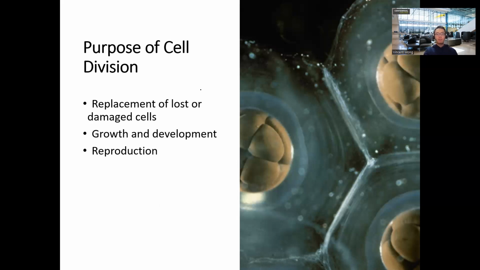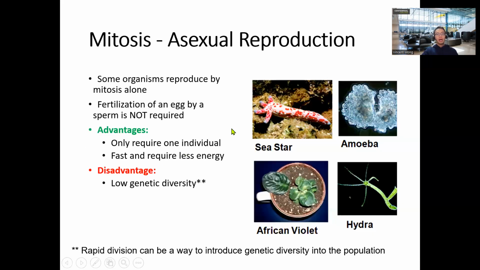And for some organisms, cell division is actually a way of reproduction. Okay, human reproduction is sexual, which means you need two separate individuals. One contributes half the chromosomes, the other contributes the other half, and you combine to make a new individual. But for many organisms, the type of reproduction they have is asexual reproduction.